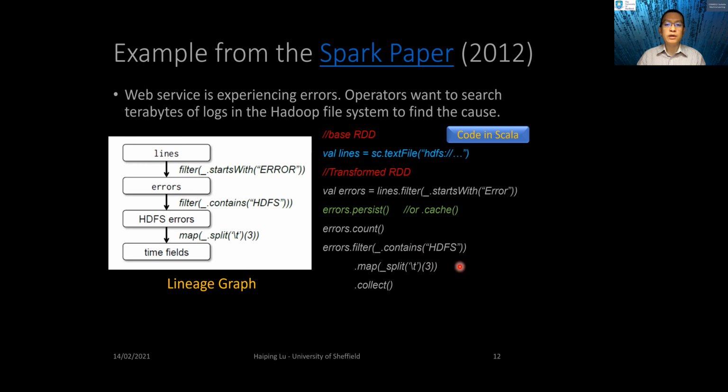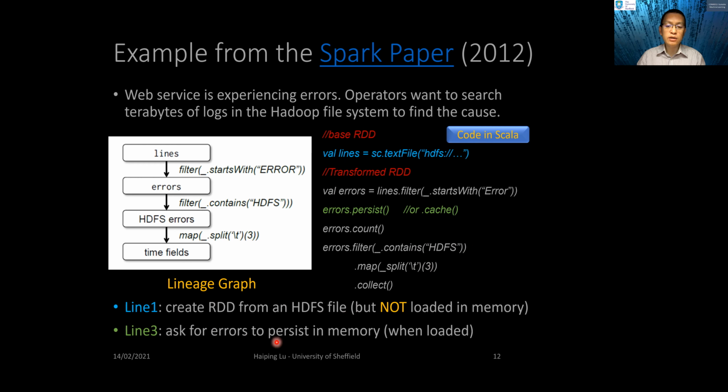Line 1 creates the RDD from an HDFS file, but the file is not loaded in memory, because this is a transformation. Line 3 asks the errors to persist in memory, that is, to be cached in memory.